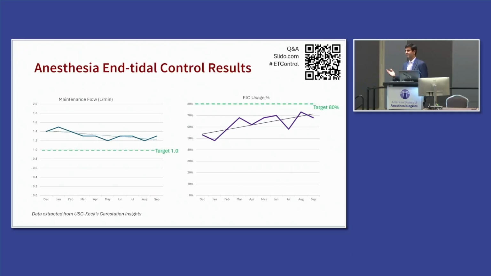I made the target 1 liter a minute. It's a target I made up, and it's a moving target, so once we hit it, we're going to move it to a lower one, but it gives us a starting point and a way to move our group toward practice. I also made the goal of 80% utilization of end-tidal control, and as you can see, that's also had a nice upward curve on that graph.